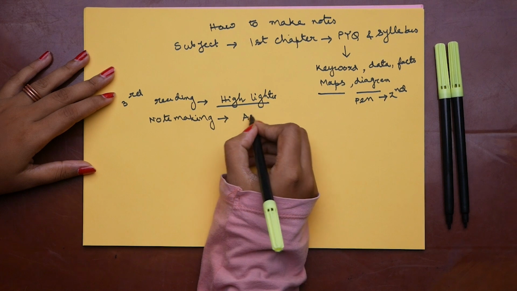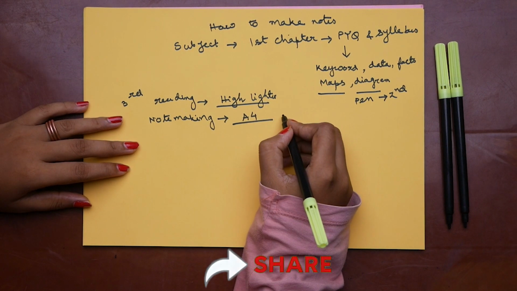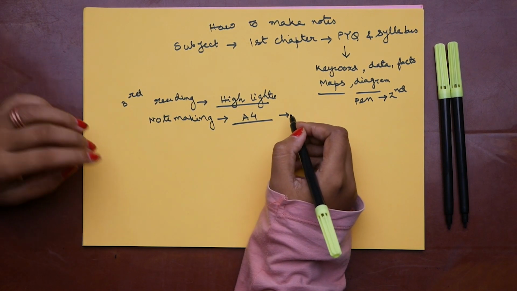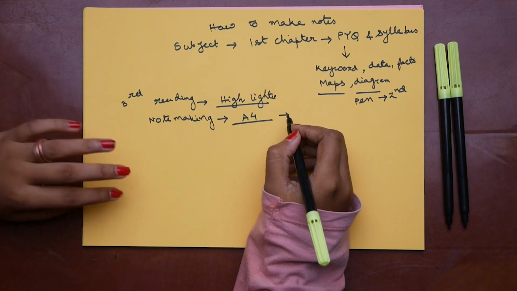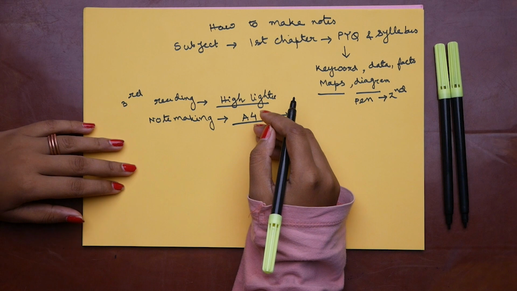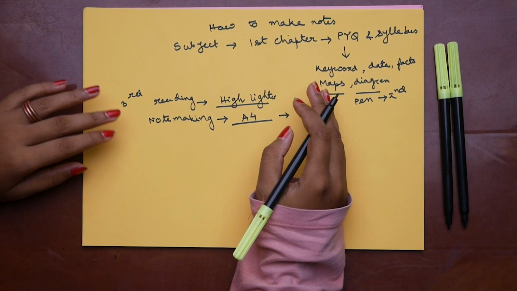You have to make the notes in A4 sheets. Because if you want to incorporate anything in future, it will be very easy if you use A4 sheets, but if you do the same in a register, it will be very difficult for you. I hope you have understood my point.